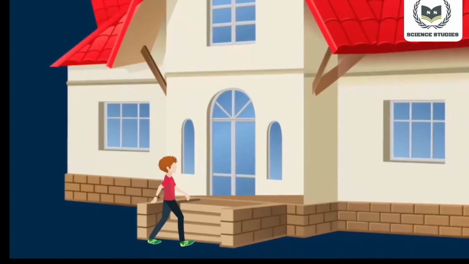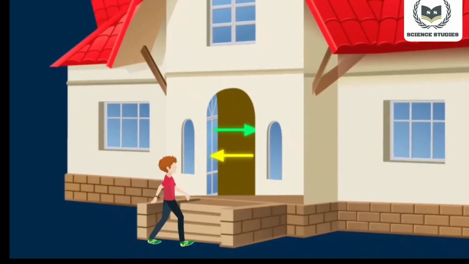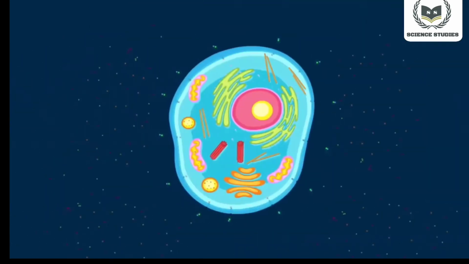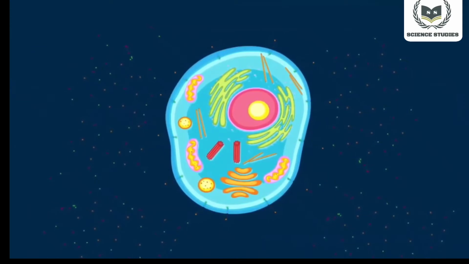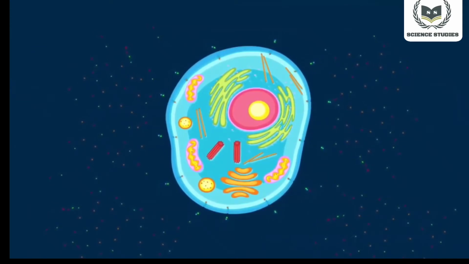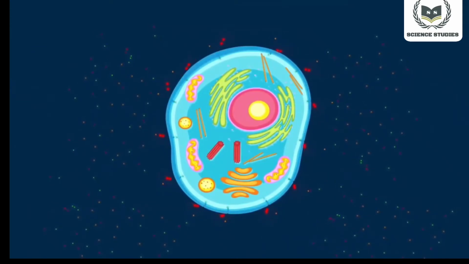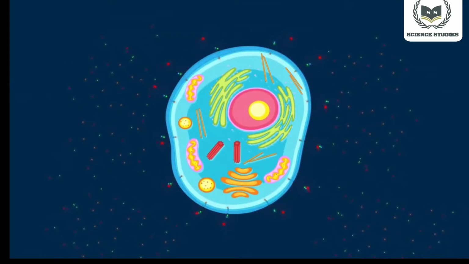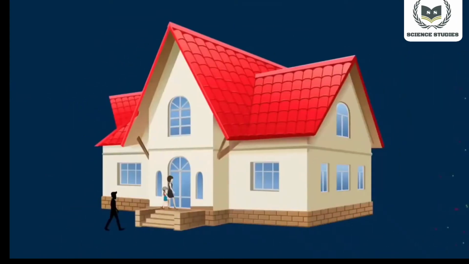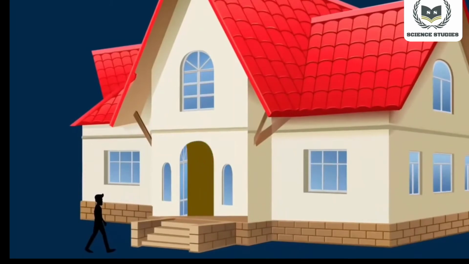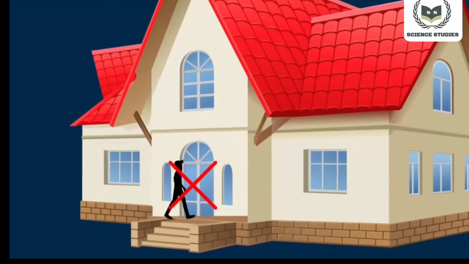And also we fix doors to our home to enter and to exit. Like that, cells also have some pores. These pores allow substances to enter inside and exit from the cell. But we go inside the home and close the door to not allow strangers.